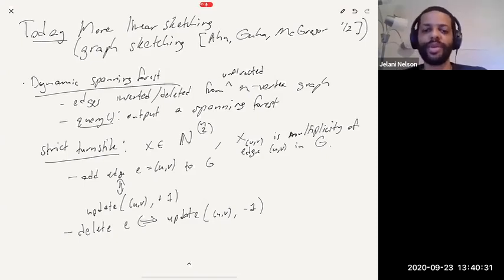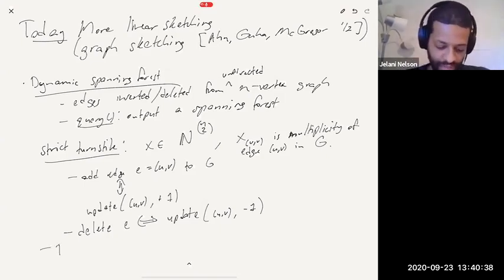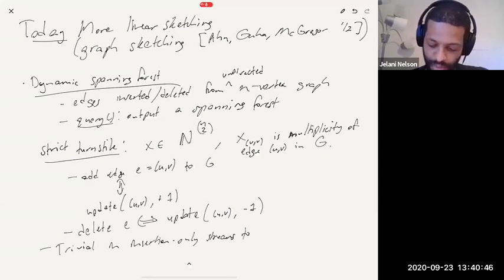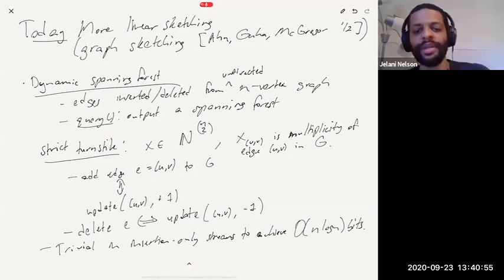So this algorithm uses memory at most 2n log n bits, O of n log n. Right, so I just want to say that this is trivial in insertion-only streams to achieve O of n log n bits. And maybe I'll leave it to you as an exercise.